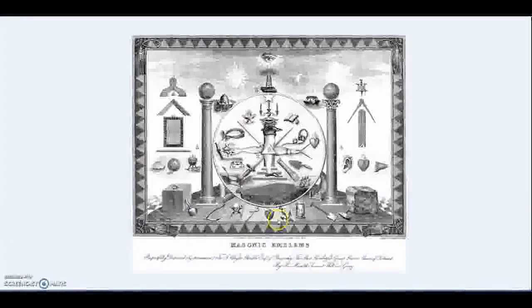So also worth, because previous episodes I went through the differences in columns, but for instance this is a Mason tracing board, a modern one.